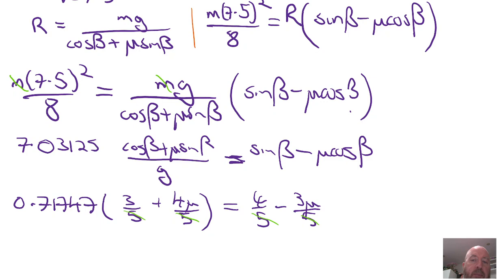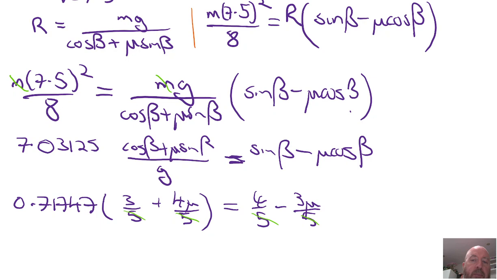Then we're going to move that over to get 5.87 mu equals 4 minus 2.152. So I can just do the addition easily.